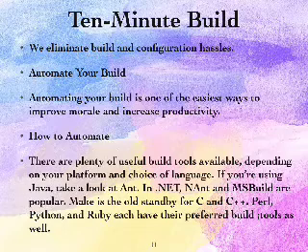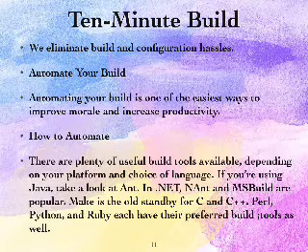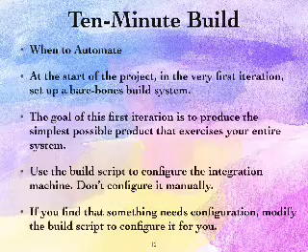Make is an old standby for C or C++, and you can go with Perl, Python, Ruby. Each of them has its own preferred tools for building. So you can use any of these tools and then start building your deployment code.